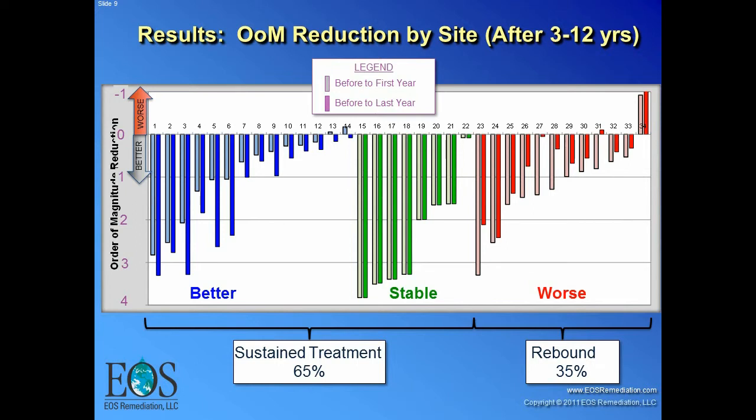But this illustrates that one of the advantages of anaerobic bio is that you do get this longevity, at least compared to some other technologies. You don't get the rebound, and so it tends to be a long-term protective thing. Obviously, not every site. There are some sites where they rebound, and people had to go back and do more.